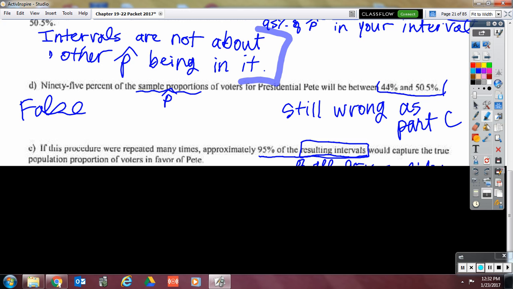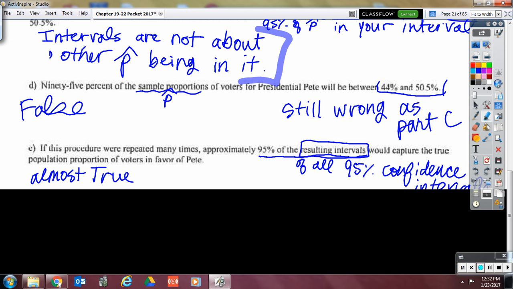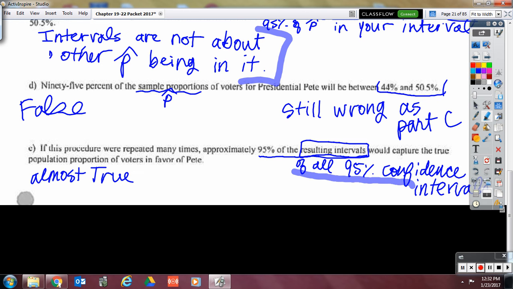So this would be true if it said 95% of all 95% confidence intervals. It is not 95% of any old willy-nilly intervals because you cannot mix and match. You can't have some 80% and some 90% and some 95%.